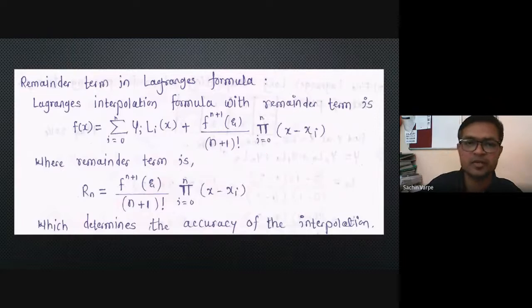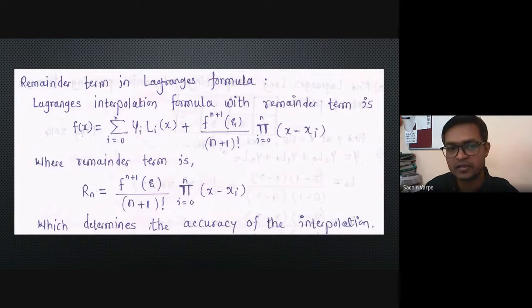Next is the remainder term in Lagrange's polynomial. So Lagrange's interpolation formula with remainder term is f(x) equals the summation of yi Li(x), i varies from 0 to n, plus this last term. This last term is called the remainder term.